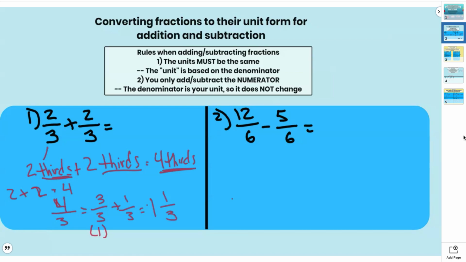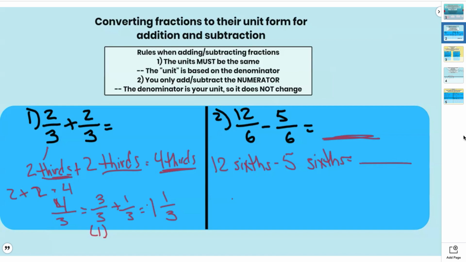Looking at number 2, we have 12/6 minus 5/6 equals something. So, again, we're going to start off by bringing it into its unit form. We have 12/6 minus 5/6 equals something.